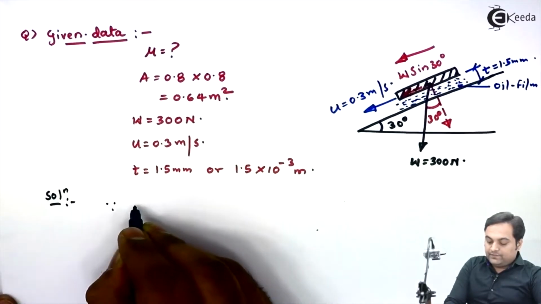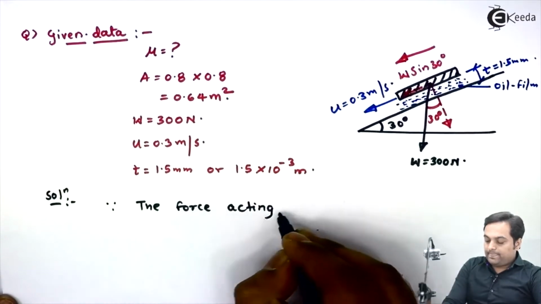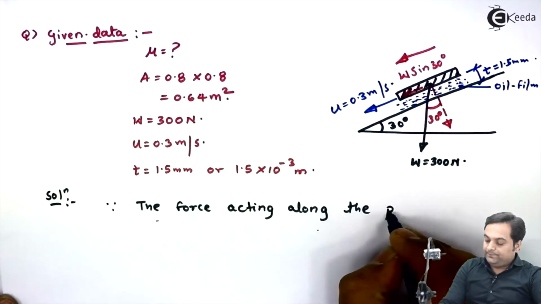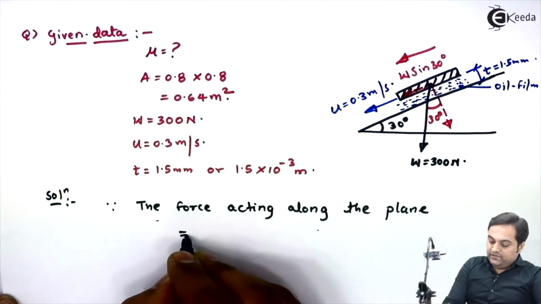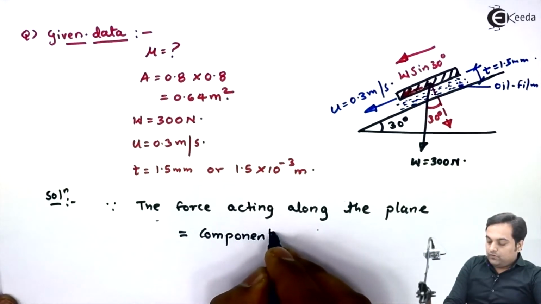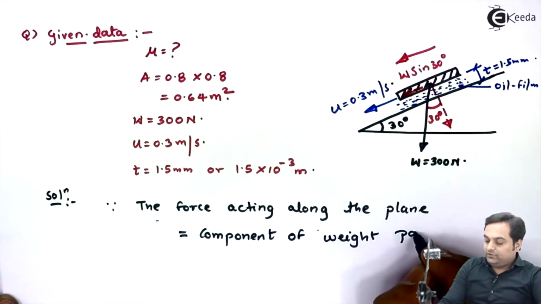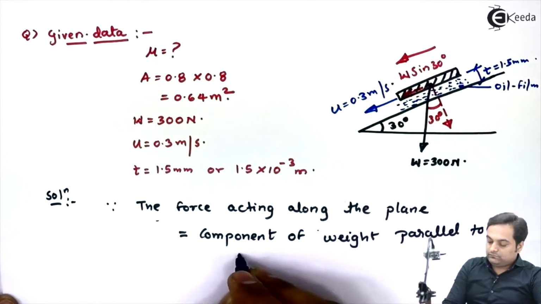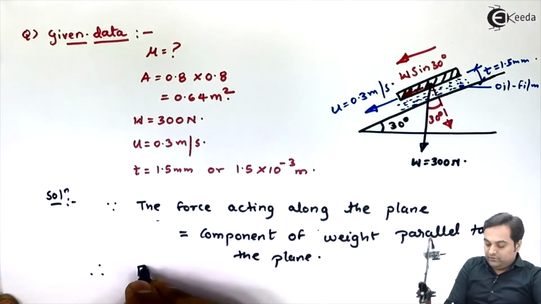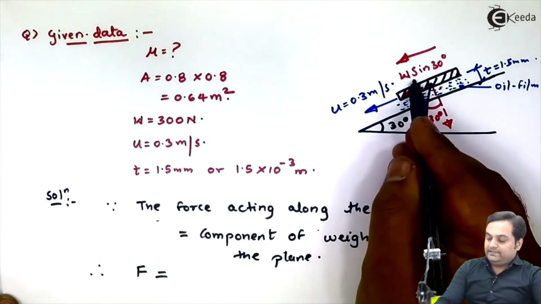Since the force acting along the plane is equal to the component of weight parallel to the plane, therefore force acting along the plane F is equal to W sine 30.